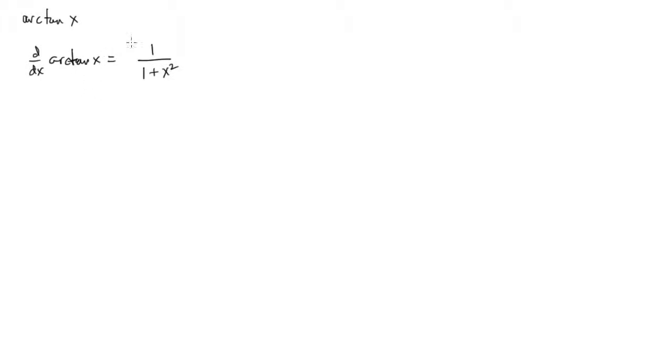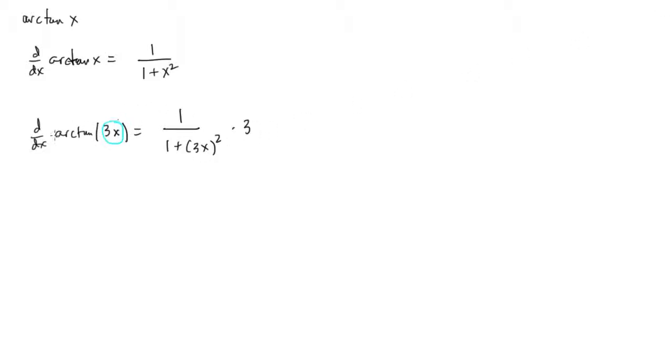In dealing with this, you might still have to use the product rule or chain rule and so on. For example, if we want the derivative of arctangent of 3x, this would be 1 over 1 plus 3x squared, times 3. Why is everything the way it is?